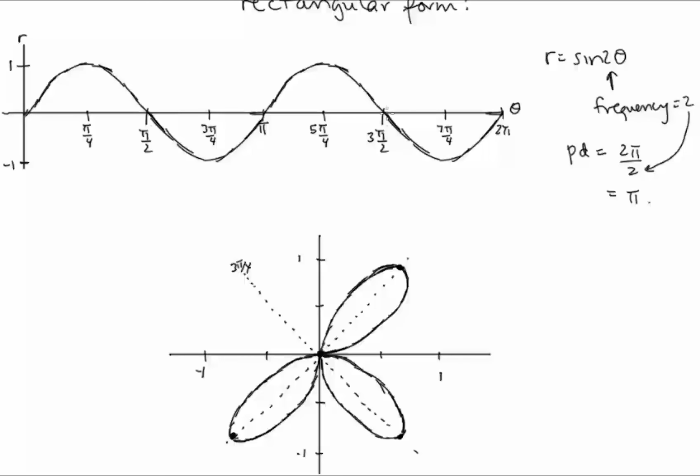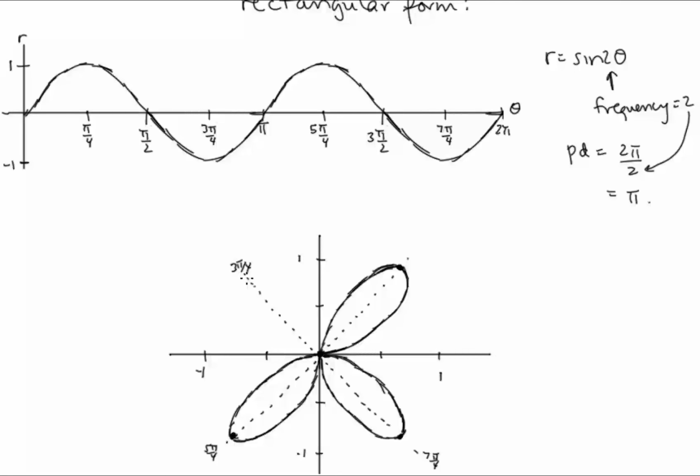Now as theta goes from 3 pi over 2 to 7 pi over 4, we're getting negative radius values, going from 0 to negative 1. So at 7 pi over 4, we have a radius of negative 1. We're going backwards.